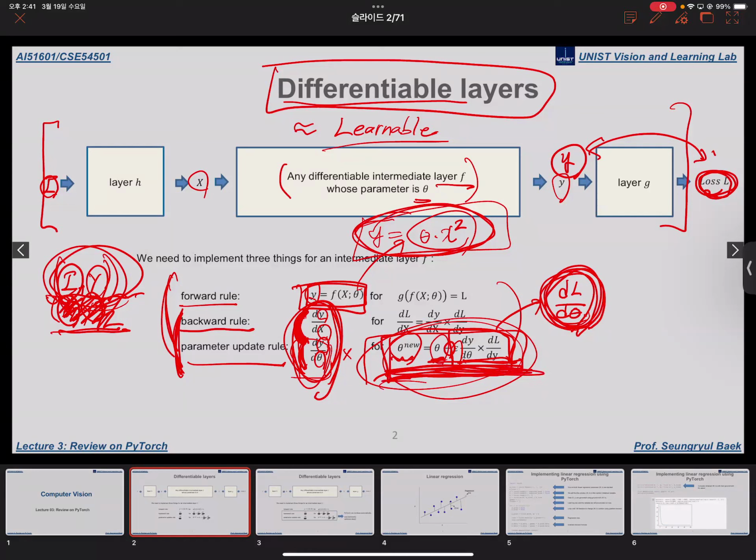This happens for each training sample. So during training, we traverse all the training data one by one, and for each one we update the parameter vector using its dL/dtheta. Are you following this?